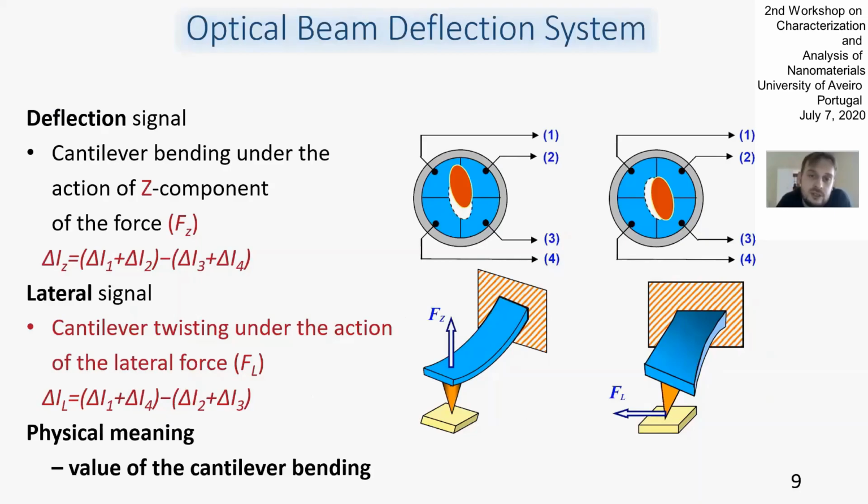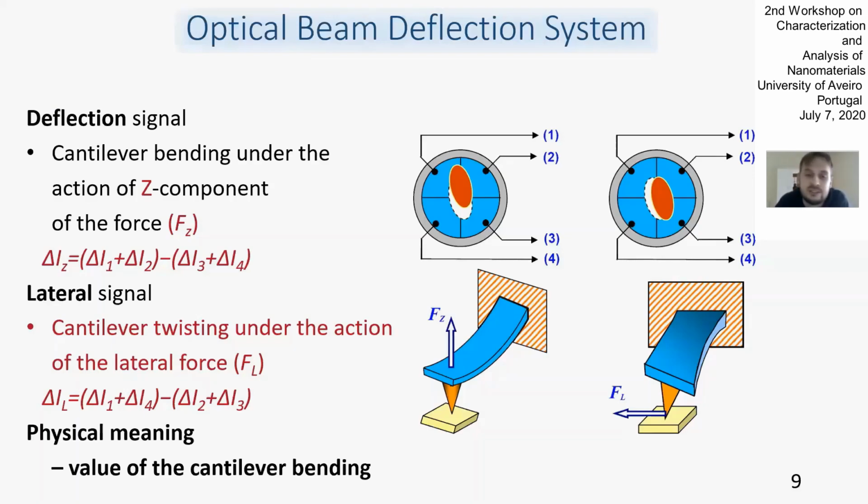When we focus the laser beam on the surface of the cantilever, we can put the spot in the middle of the photodiode. Under the action of the force, the spot on the photodiode can move up and down or left and right, depending on what kind of force acts on the cantilever.